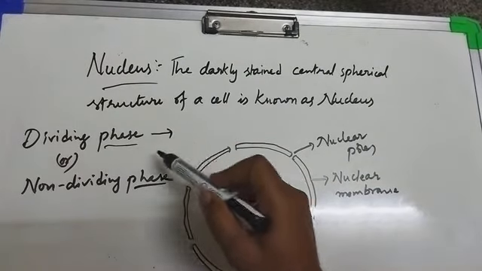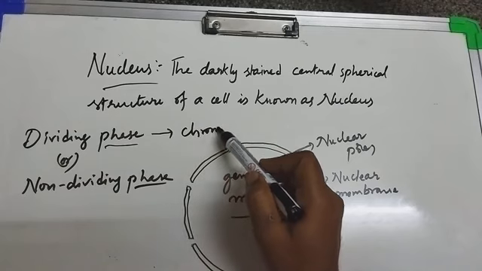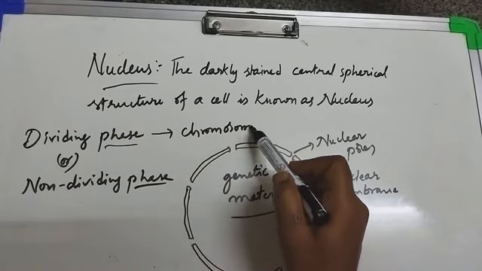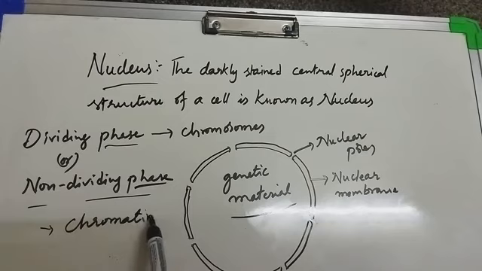During the dividing phase, the genetic material is present in the form of chromosomes. During the non-dividing phase, the genetic material is present in the form of chromatin. Right?